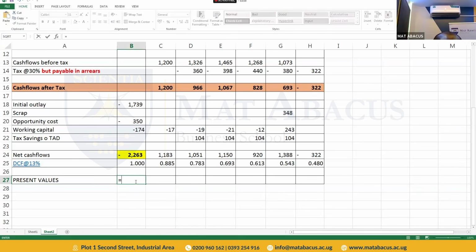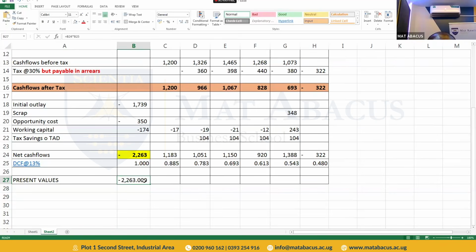The present value is you discount those cash flows. You have to make sure you include the final year.